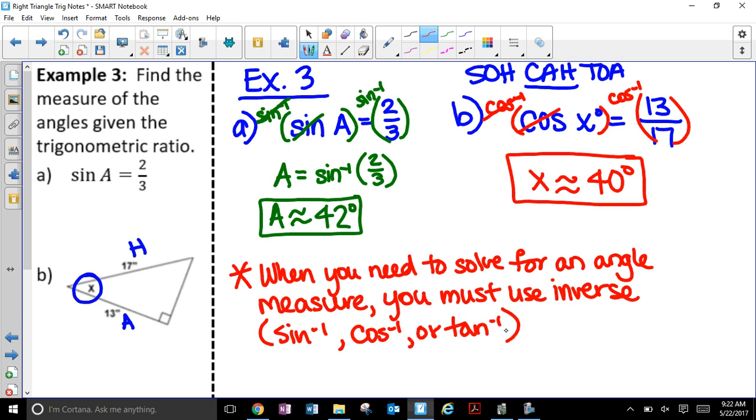In our original, we had cosine, so that means you do inverse cosine. Here, the original was sine, so we had to do inverse sine. If the original equation had tangent in it, so you had to solve for the angle, it would be inverse tangent. Now, again, that's only if they ask you for the angle measure. If they just ask you for the ratio, that's the one where you just do the fraction part.